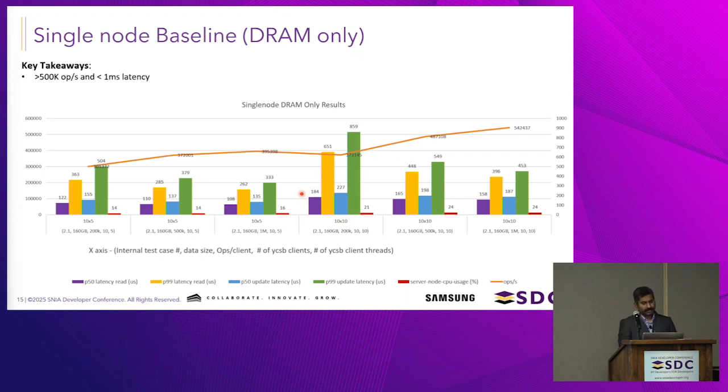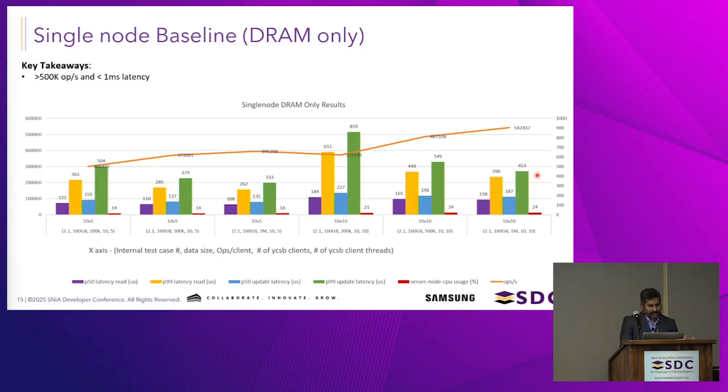So the latency per IO is going down. The same trend here also, for the 200K, the latency per IO is going down.